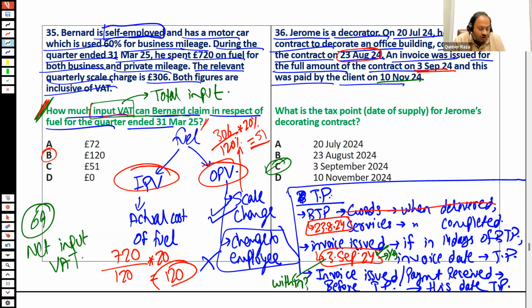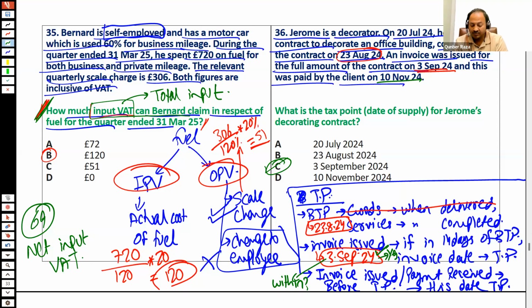Or if invoice is issued after 14 days, then the basic tax point remains the tax point. Third, if invoice is issued or cash is received before basic tax point, then that date becomes the tax point.